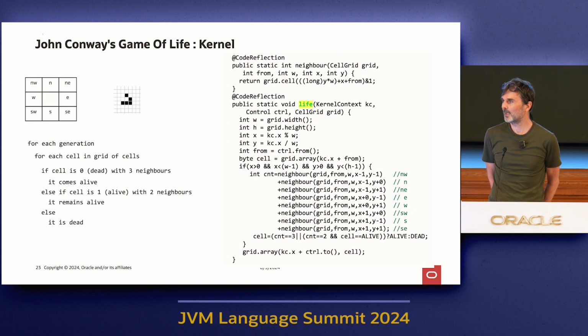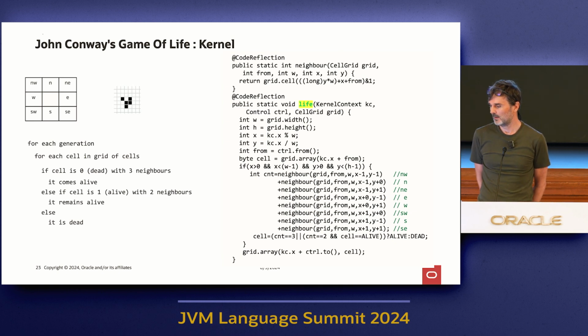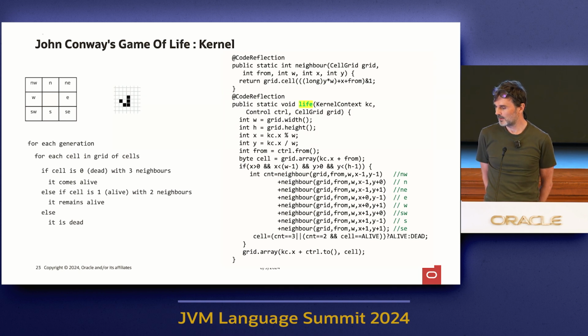And so we can write that calculation as a kernel in the HAT programming model. And you can see this is fairly basic Java code, fairly readable, with control flow and method calls. It's restricted to using control and cell grid here, which are HAT buffer interfaces.